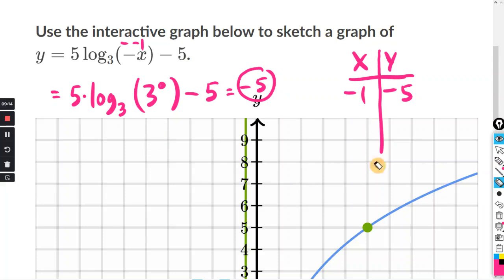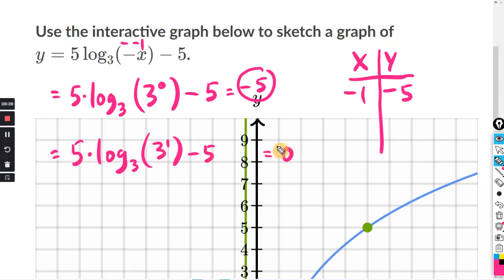All right, and we'll do one more easy point. We'll do 5 times log base 3 of 3 to the first power, minus 5. Log base 3 of 3 to the first power is just 1. 1 times 5 is 5, minus 5 is 0.